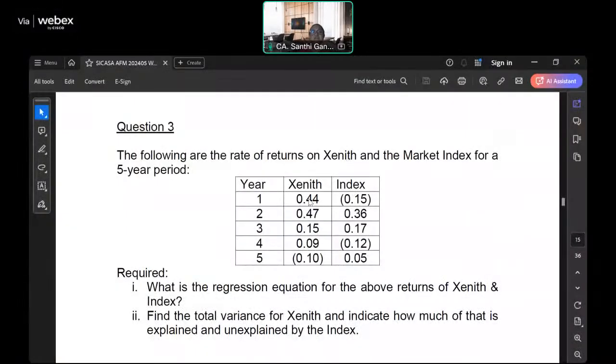So now let us try the problem. We already discussed that alpha and beta will be estimated based on the past. So with the past, try and find alpha and beta. We will frame the regression equation.